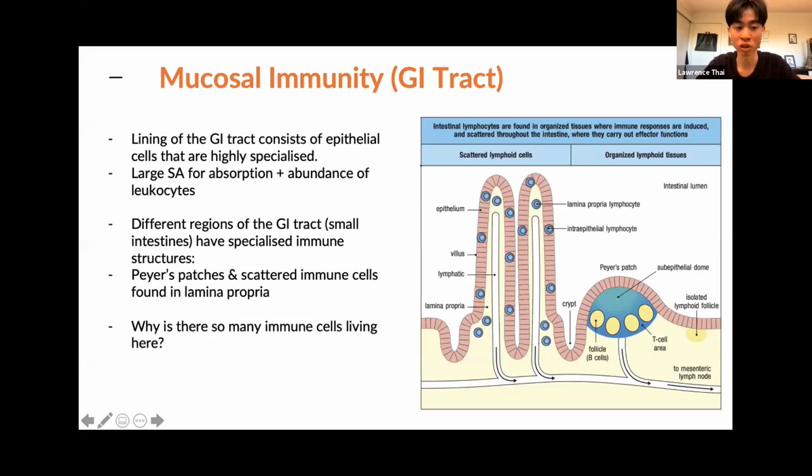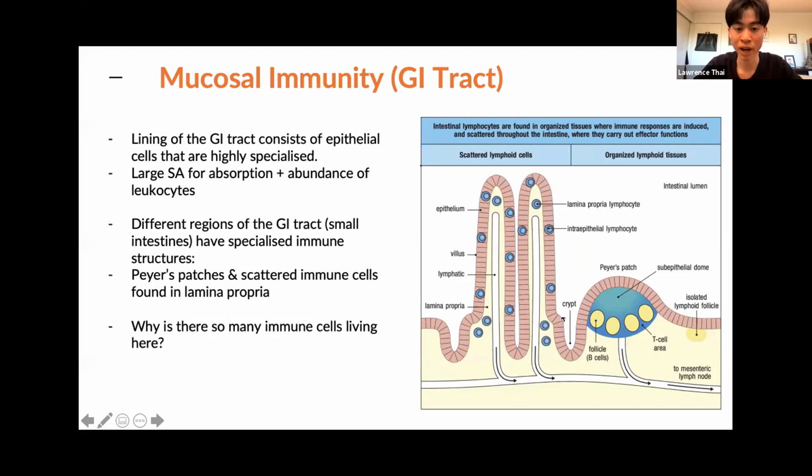We've also got a lot of white blood cells or leukocytes in and around these areas, as you can see with these blue dots and this big blue blob here. In terms of the immune system, the tissue structures in the small intestines are specialized.